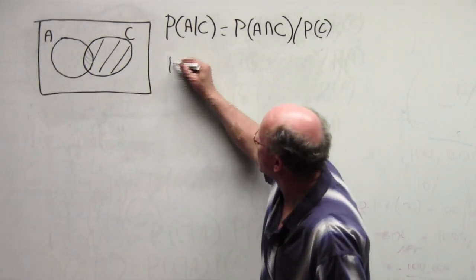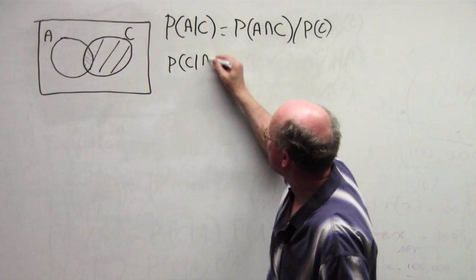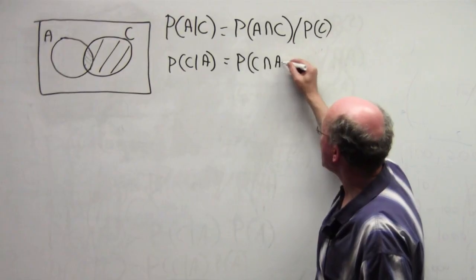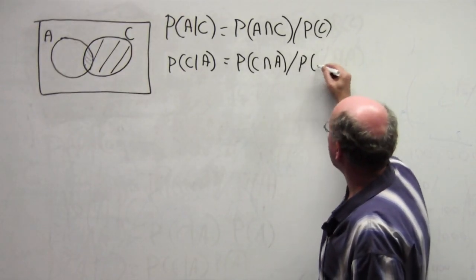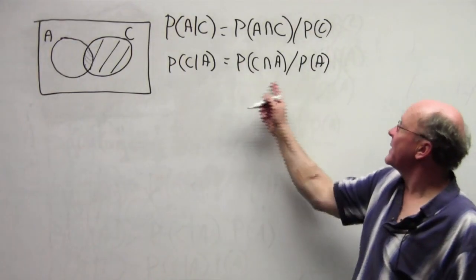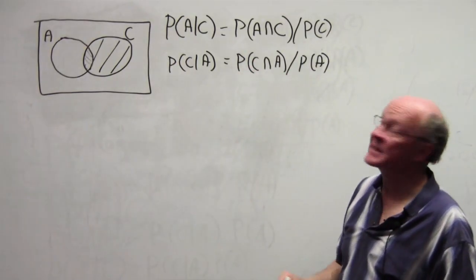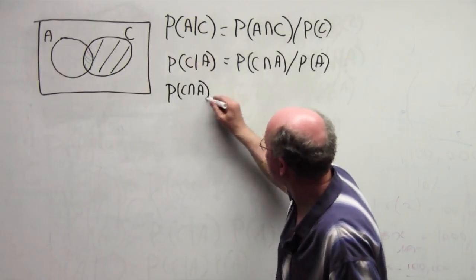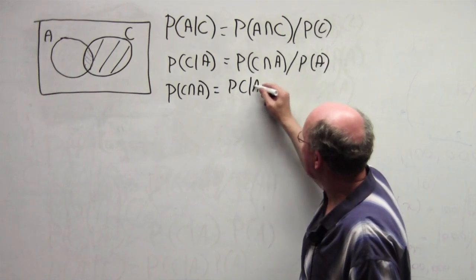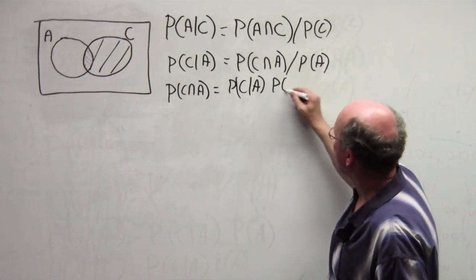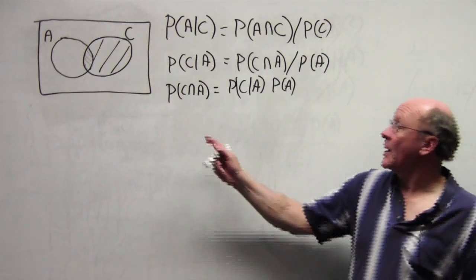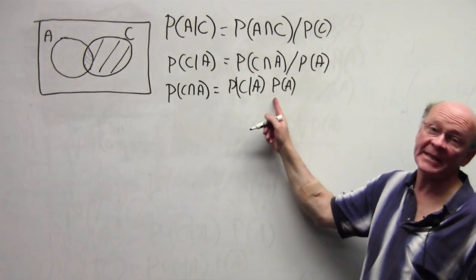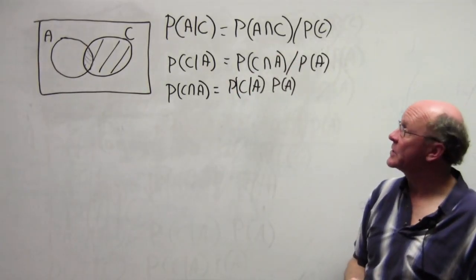Now we can also write in the reverse, the probability of C given A is the probability of C and A divided by the probability of A. Now we can take this term here, C and A, and move it over to the left-hand side of the second equation, and we have the probability of C and A is the probability of C given A times the probability of A. Now, since the probability of C and A is the same as the probability of A and C, we can take the right-hand side of this third equation and put it in the first equation.